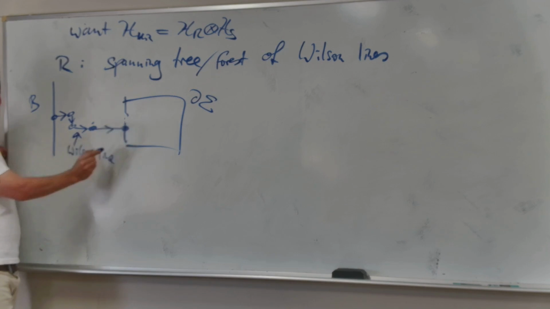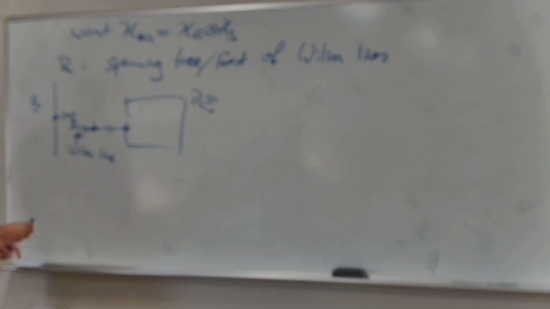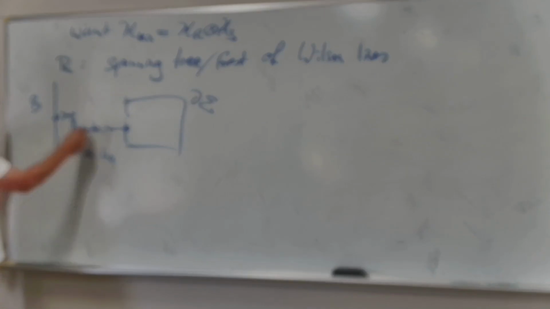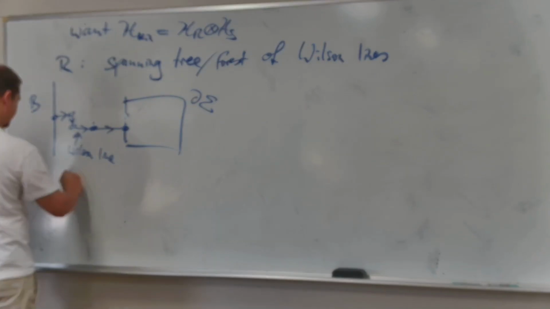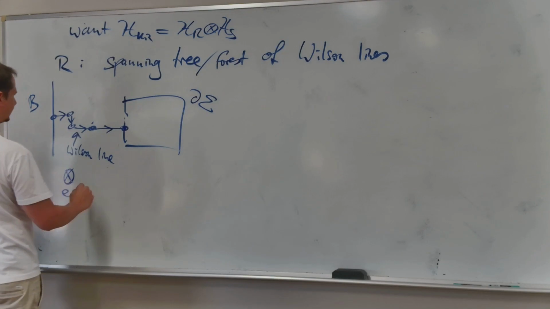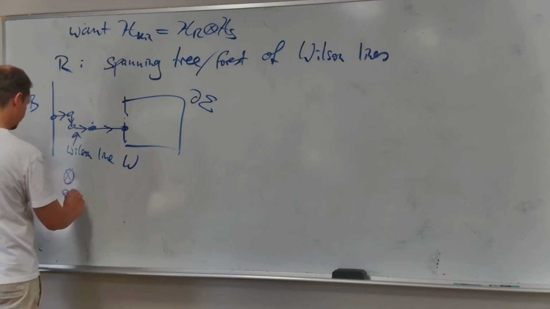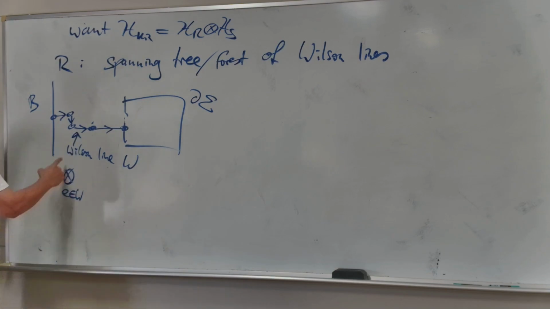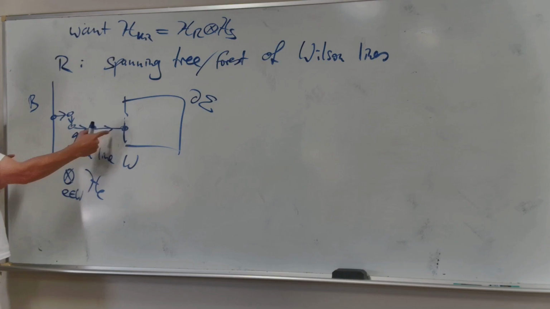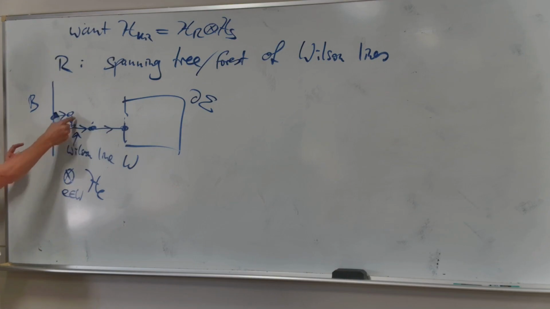Now to this guy here I have a Hilbert space, which is E. Let's call this whole thing W. So E in W, all the edges here: the Hilbert space associated with this Wilson line is the Hilbert space here, here, here, here.